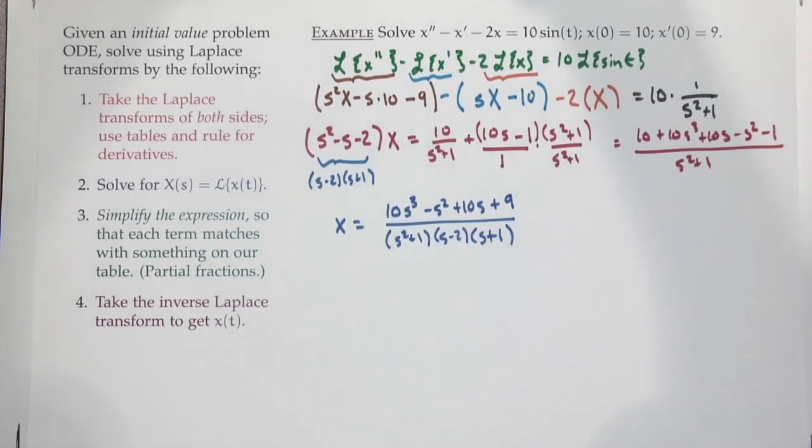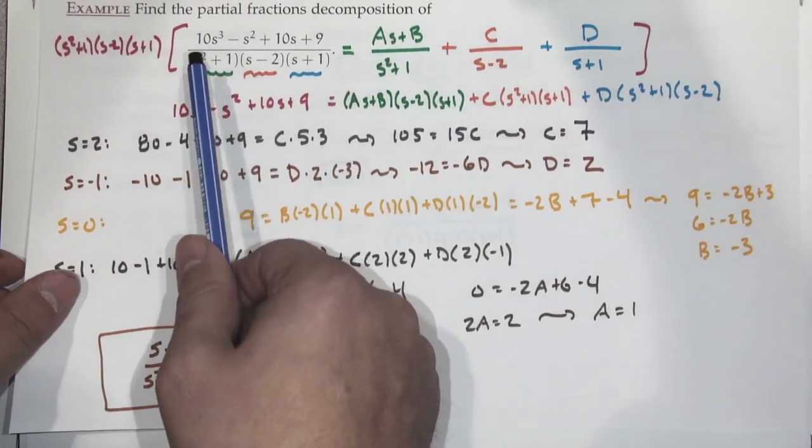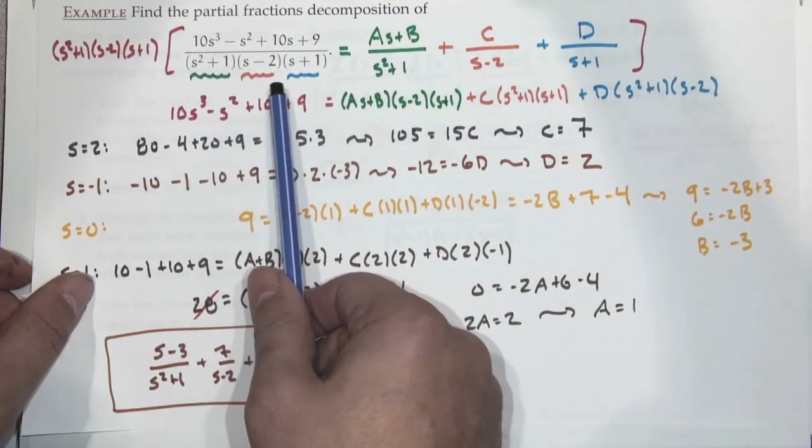Okay, so there's x. So, what do we do? What's the next thing for us to do? We do partial fractions of 10s cubed minus s squared plus 10s plus 9 over s squared plus 1, s minus 2, s plus 1.